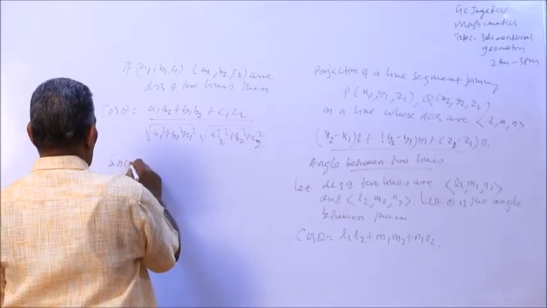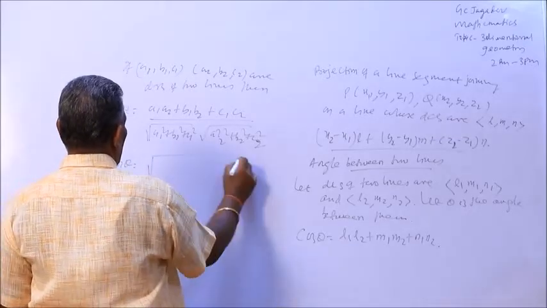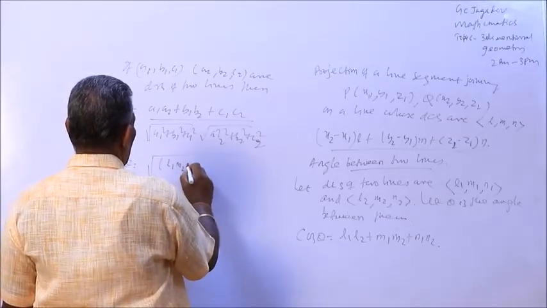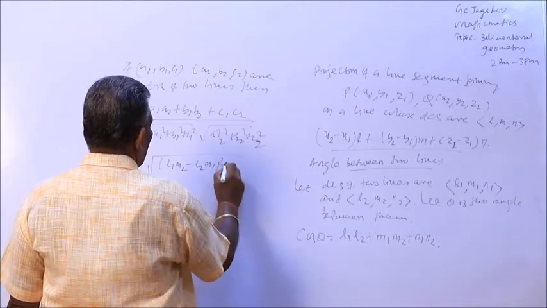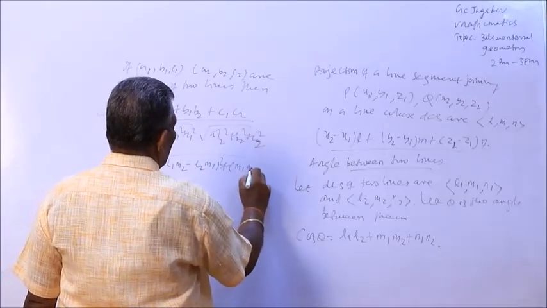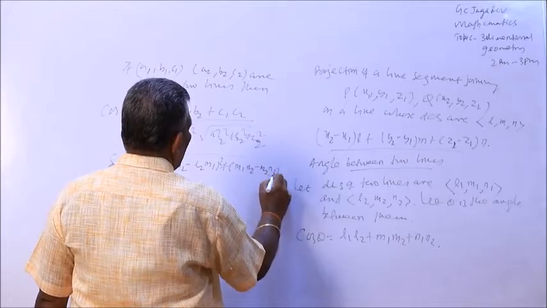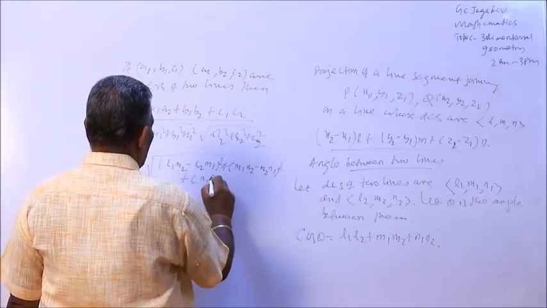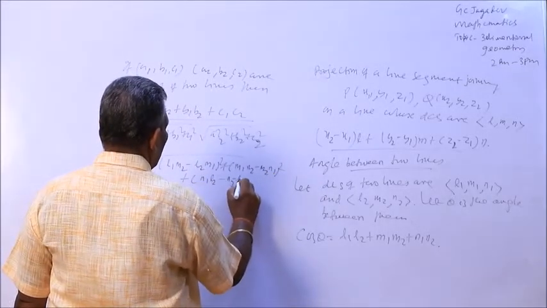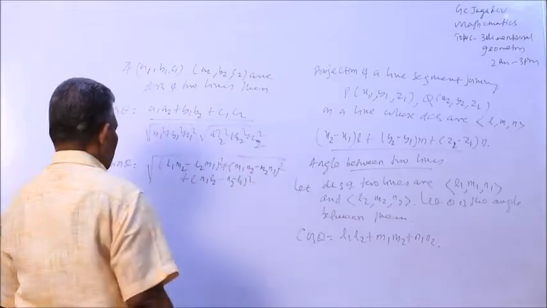And sin theta equals root over of (L1 M2 minus L2 M1) whole square plus (M1 N2 minus M2 N1) whole square plus (N1 L2 minus N2 L1) whole square, like this.